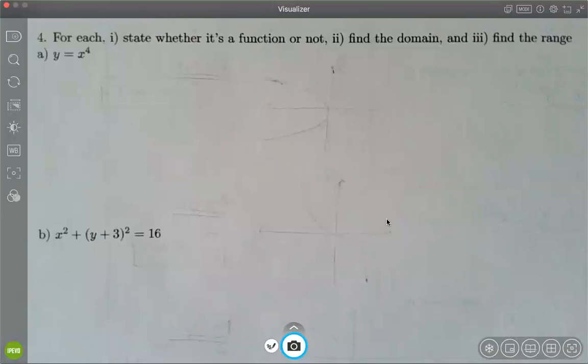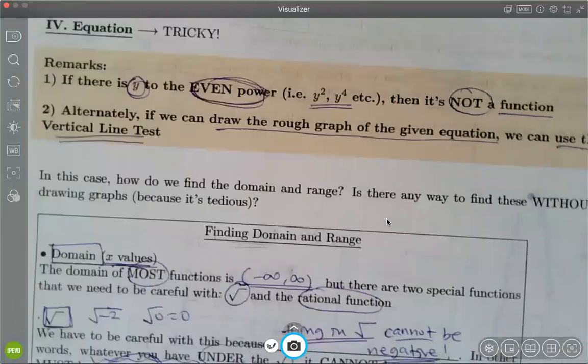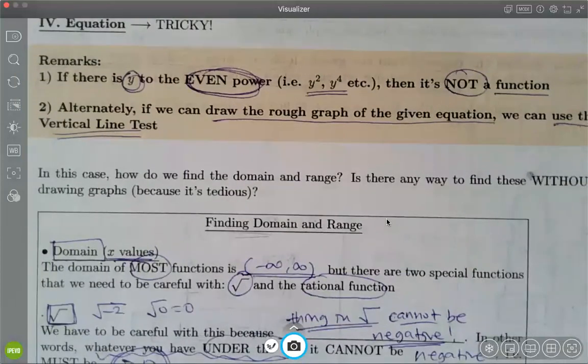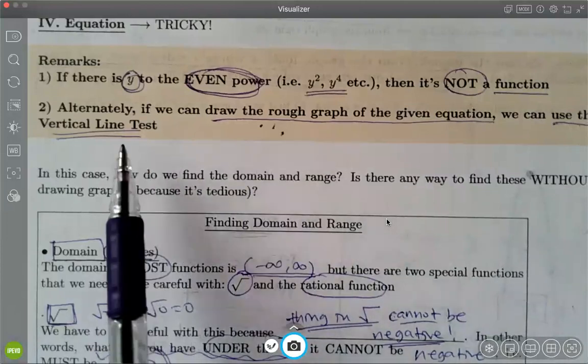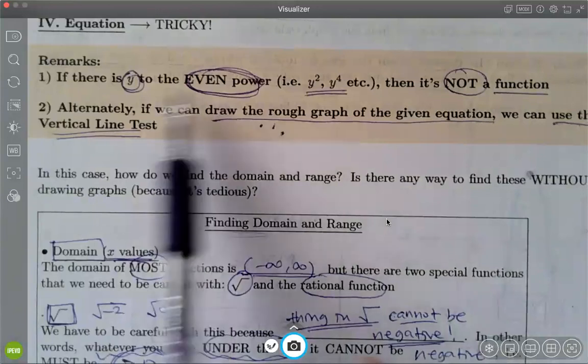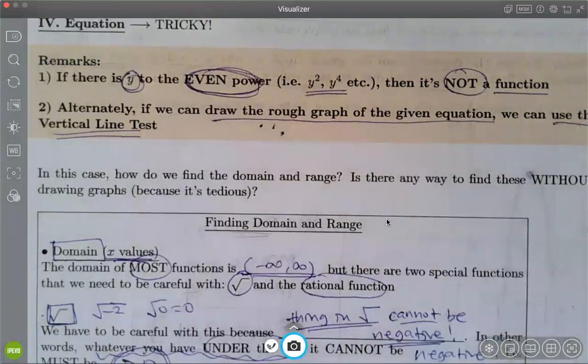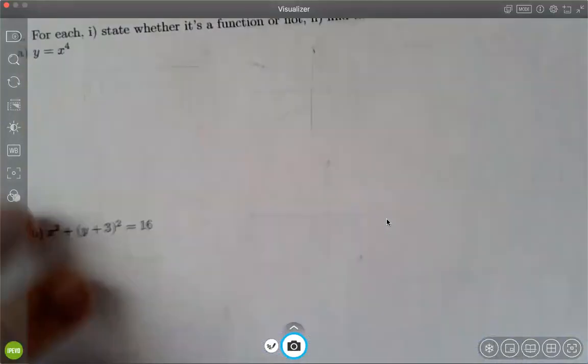So here you can use one of these two things. You can draw the graph and then use the vertical line test, or you can say there's no y to the even power, so it's a function, okay? But I guess the better way is to use the rough graph.